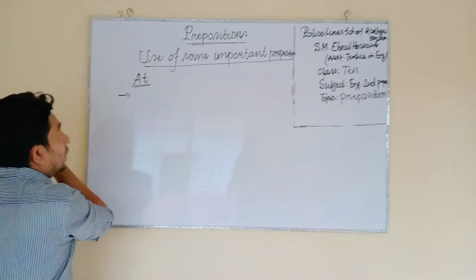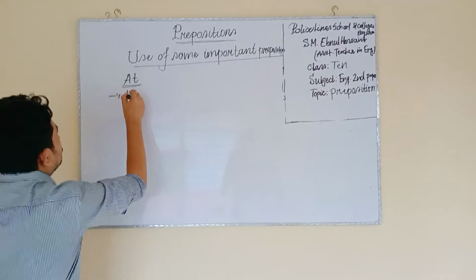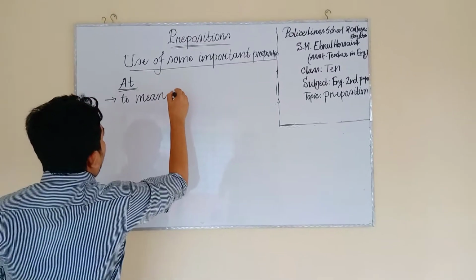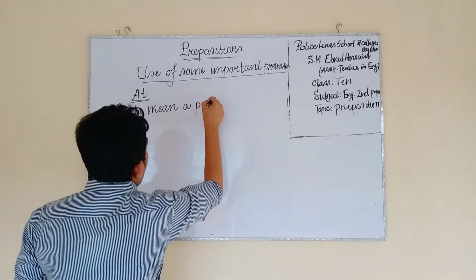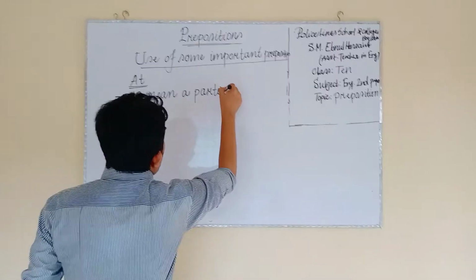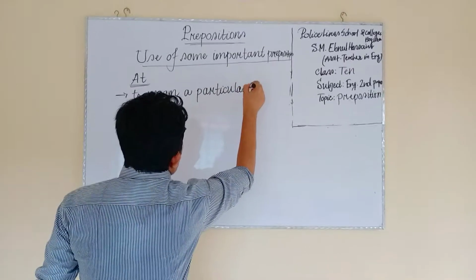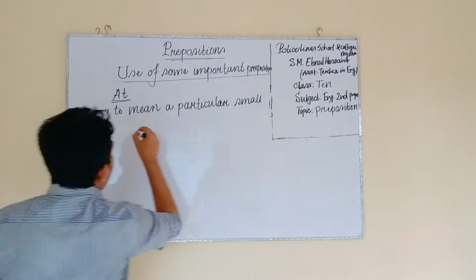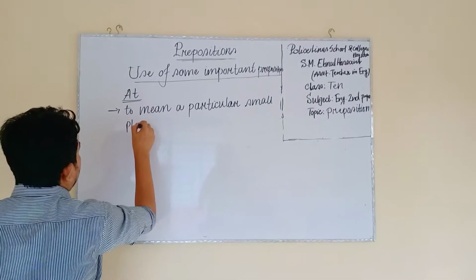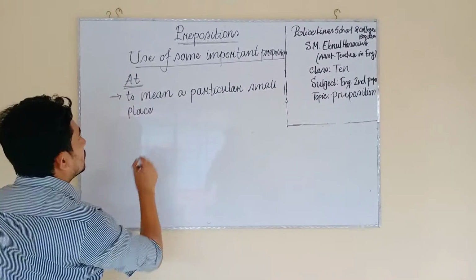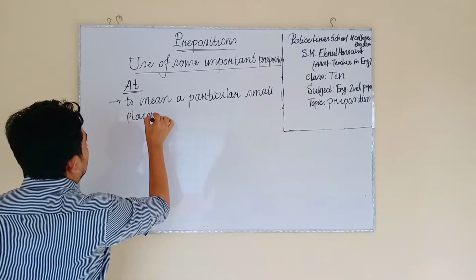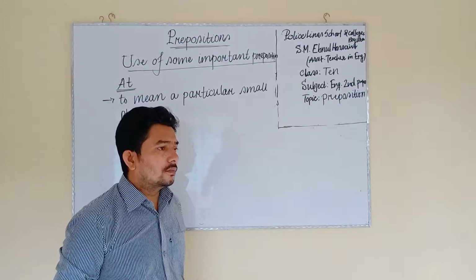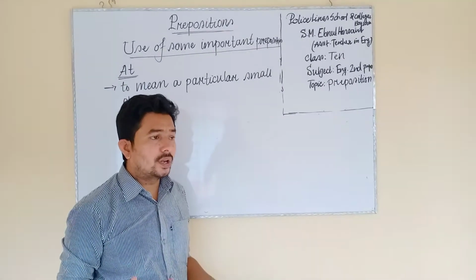Number 1, to mean a particular small place. That means it usually comes before any small place.